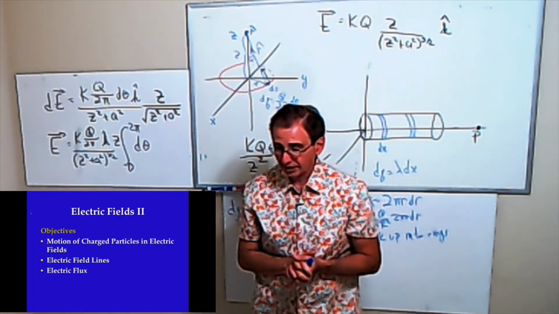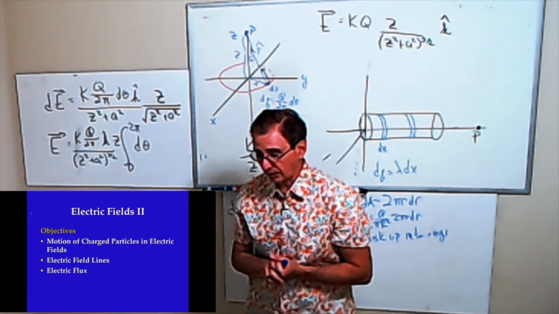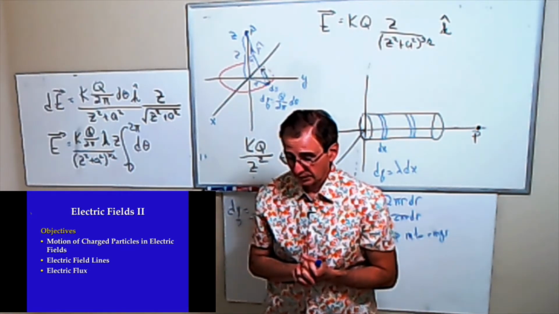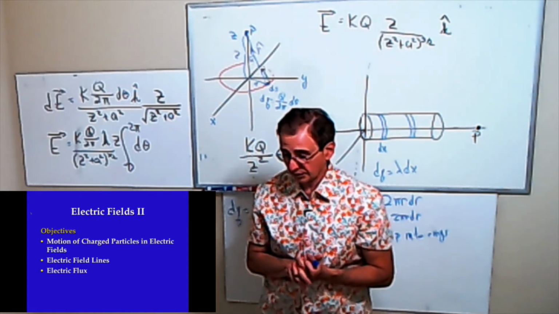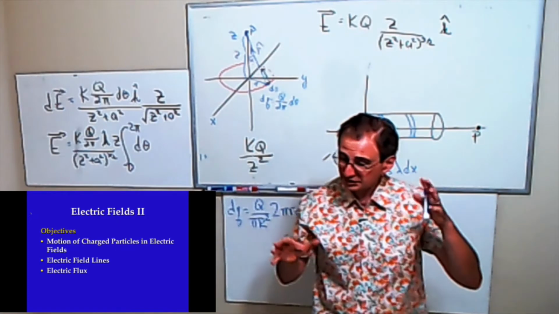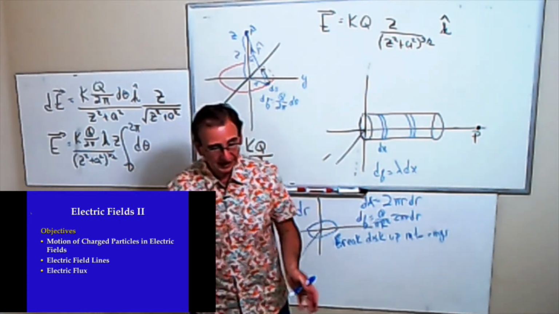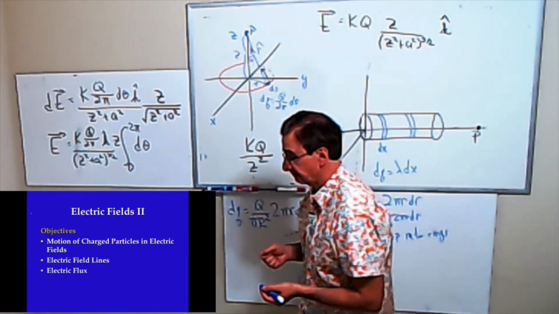You've all done kinematics problems, and projectile problems. The field is uniform. When you do a charged particle in a uniform electric field, it's really the same thing. But for some reason, students have difficulties with these problems. I don't know why, but it's the same problem.